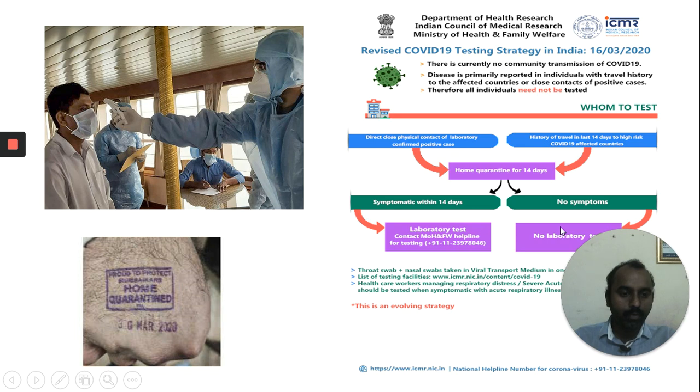So after 14 to 20 days, they are freed into the general public. So what exactly we are going to screen is we have to get a throat or nasal swab, that is a nasopharyngeal swab, and this swab is tested for the viral protein. So this is the fundamental strategy which we have been following in the early stages.